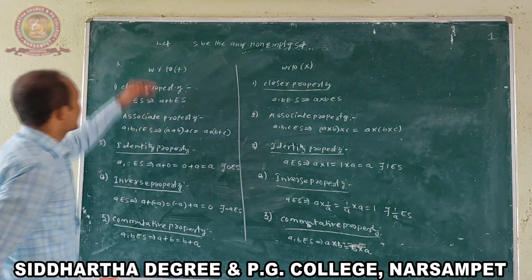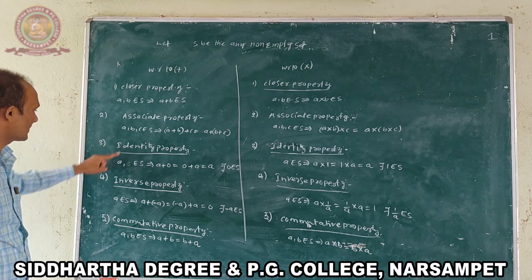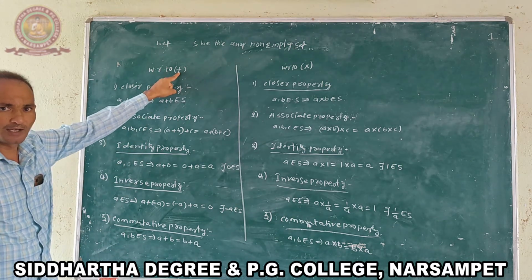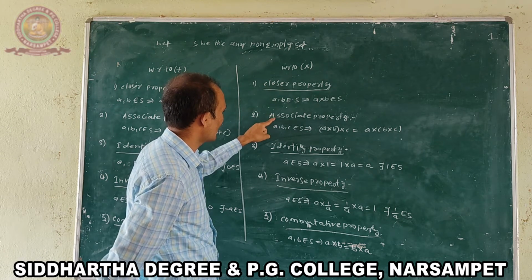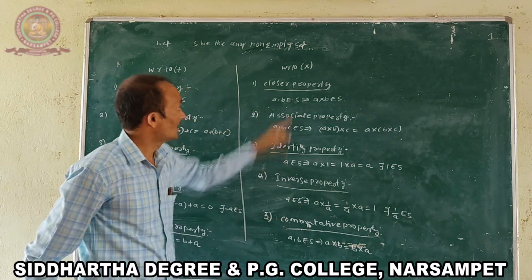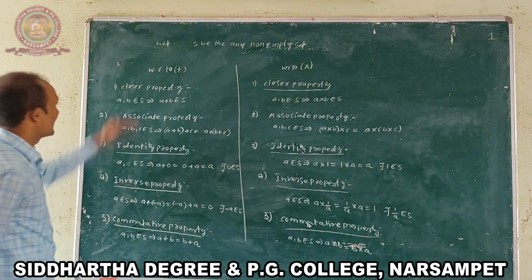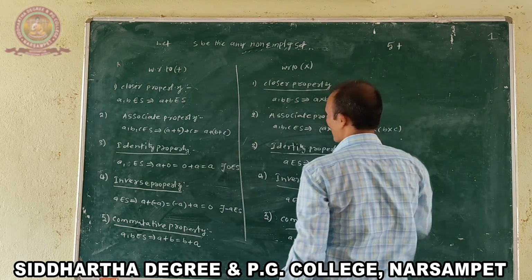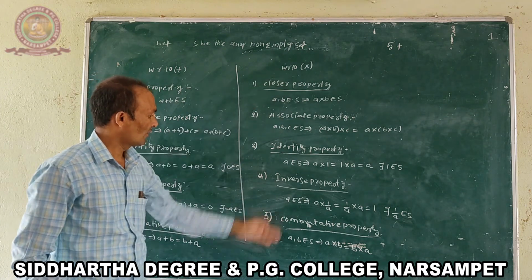Here S satisfies the closure, associative, identity, inverse and commutative properties with respect to addition. Similarly, S satisfies the closure, associative, identity, inverse and commutative properties with respect to multiplication. So in addition S satisfies 5 properties, and in multiplication S satisfies 5 properties.